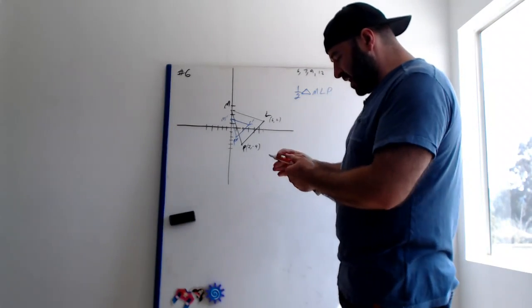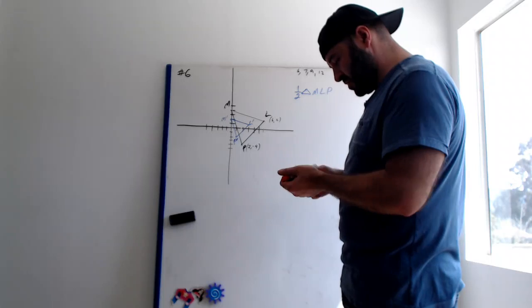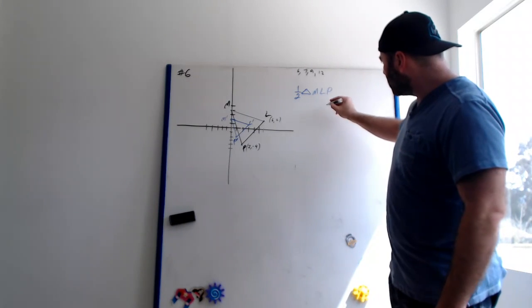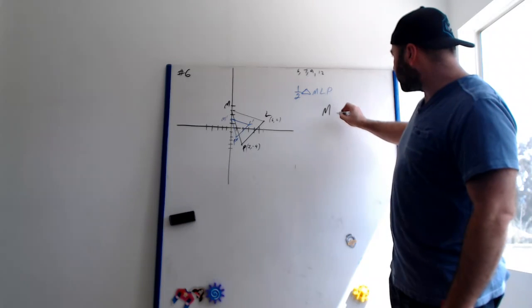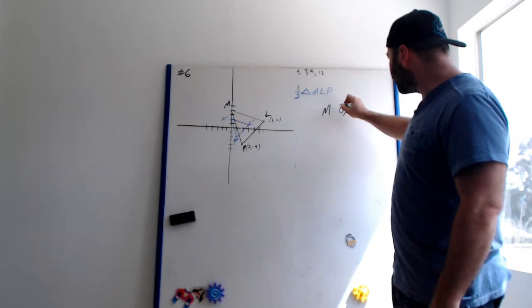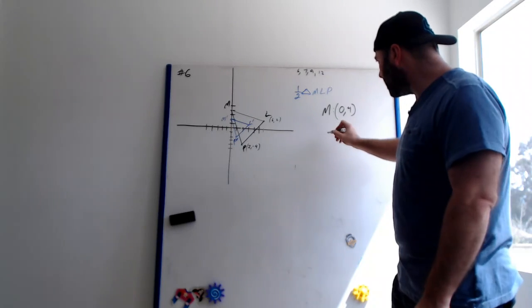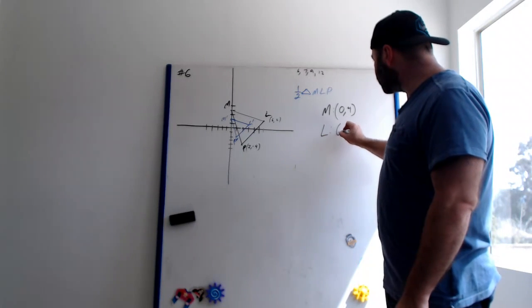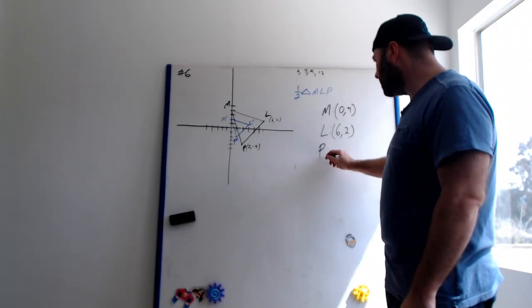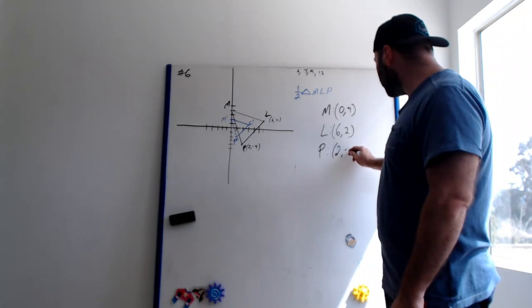Right now my M is at the point 0, 4. L is 6, 2, and my P is at 2, -4.